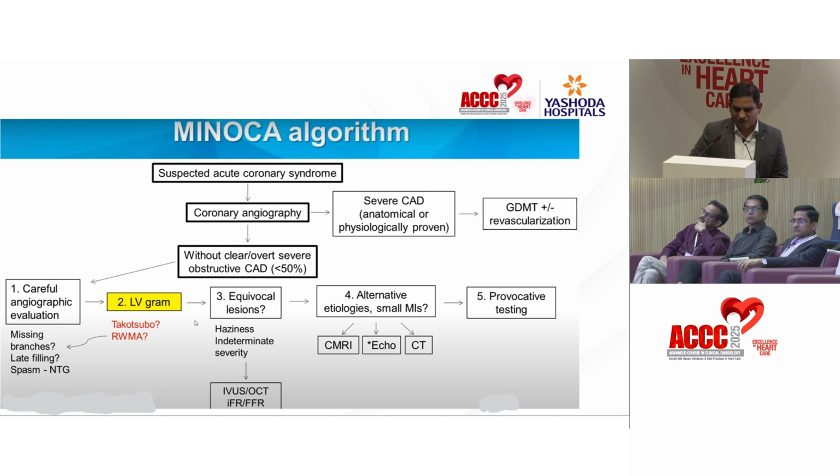And do an LV angiogram. An LV angiogram is sometimes needed to exclude Takotsubo cardiomyopathy. So when everything is okay, then you may evaluate it like a MINOCA. And if lesions are borderline, as I said, evaluate further with IVUS or OCT imaging. Alternatively, you can go directly to the MRI sometimes.